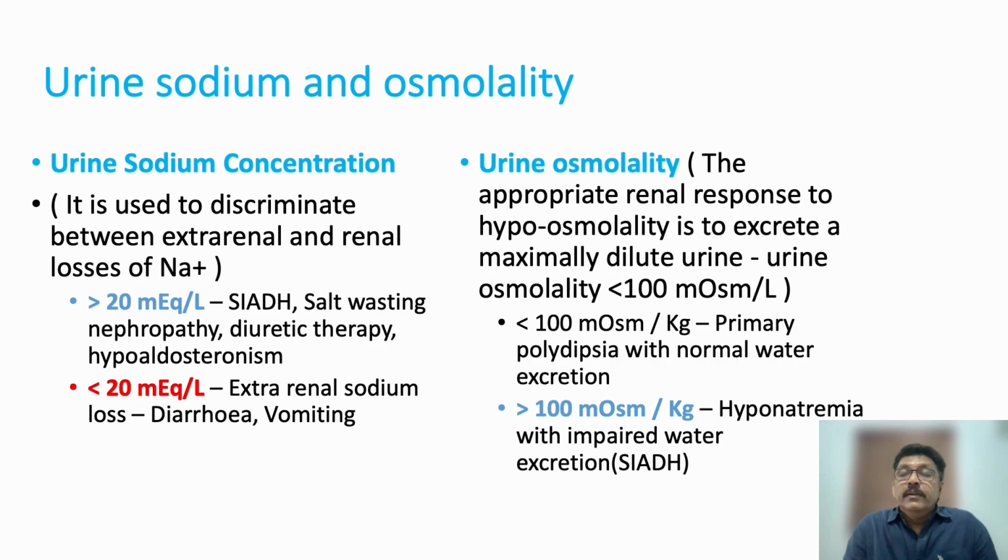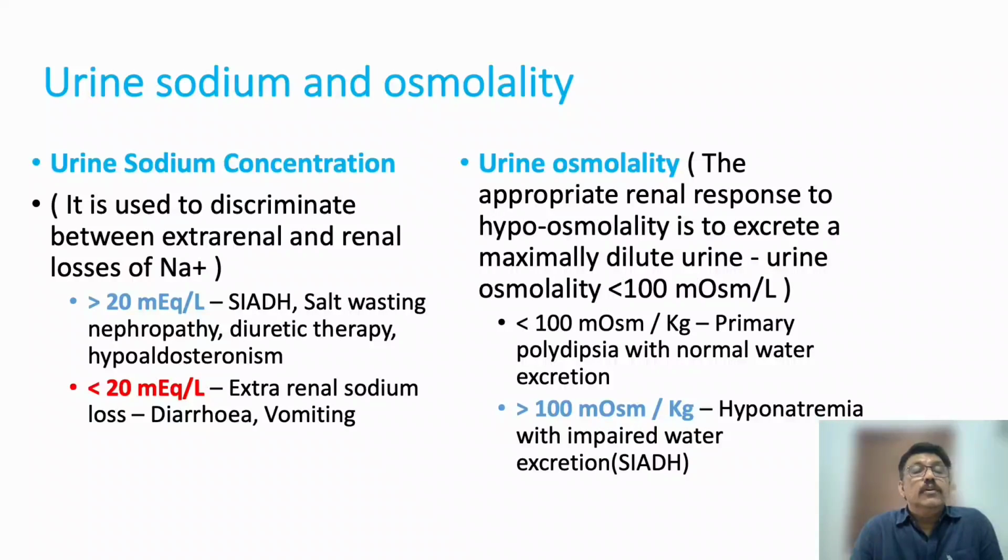But in some conditions where there is hyponatremia due to a problem in the kidney, like I said, in the antidiuretic hormone, the kidney will be continuously losing sodium in spite of the body having a hyponatremic condition. So, urine sodium concentration is very, very important.